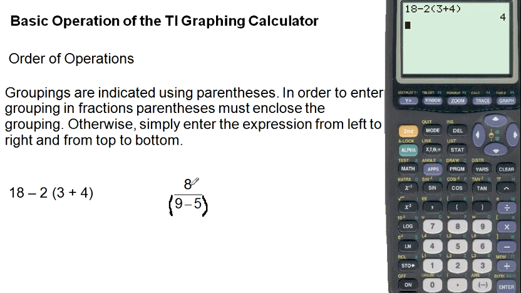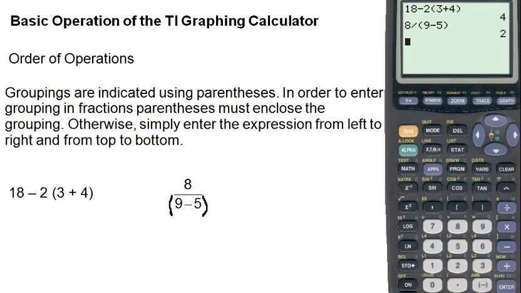A single x wouldn't need a parentheses, but something happening like any operation occurring in the numerator or denominator would require a separate parentheses. Alright, so let's enter 8 divided by, open parentheses, 9 minus 5, close parentheses, and hit enter. And of course it gives us 2.